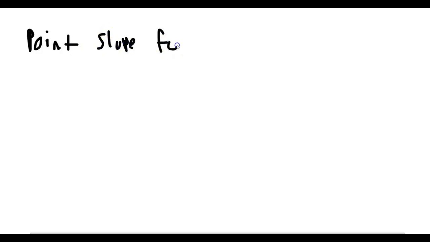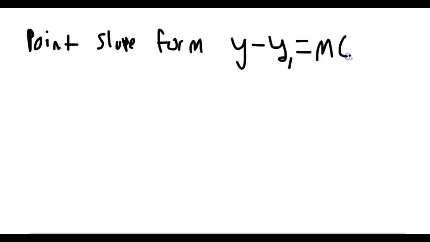Next, there's point slope form. Point slope form looks like this: y minus y1 equals m parentheses x minus x1.